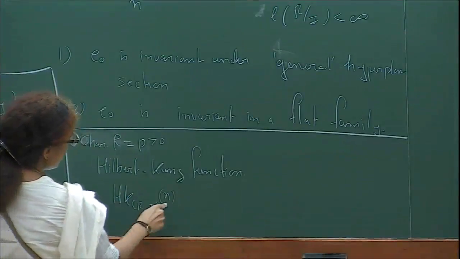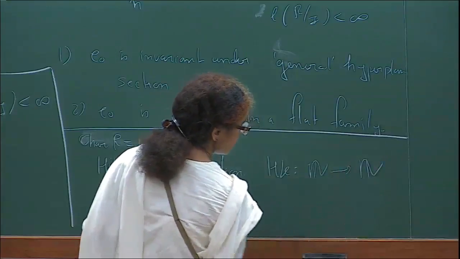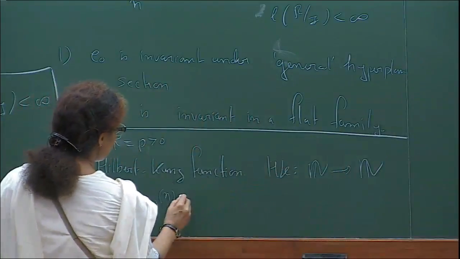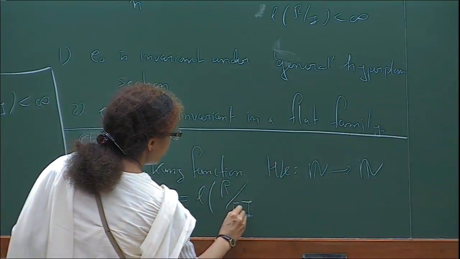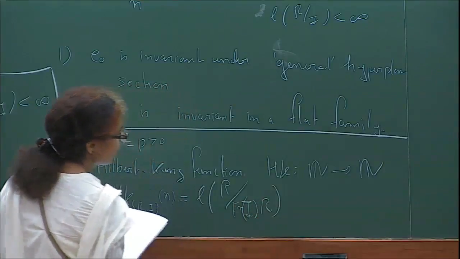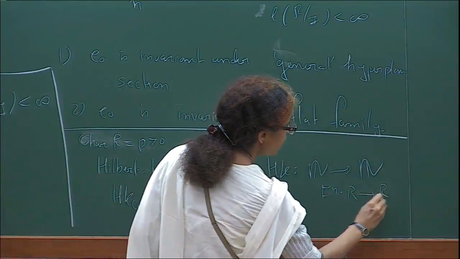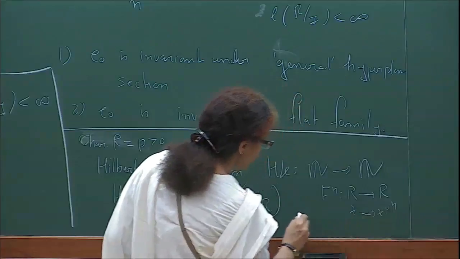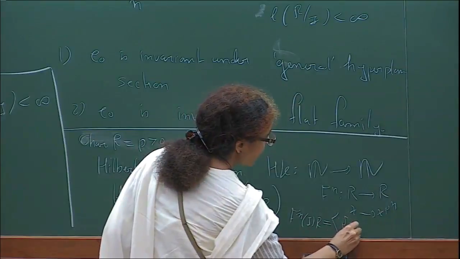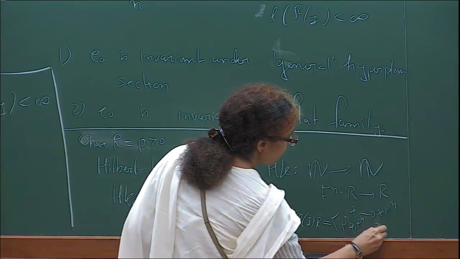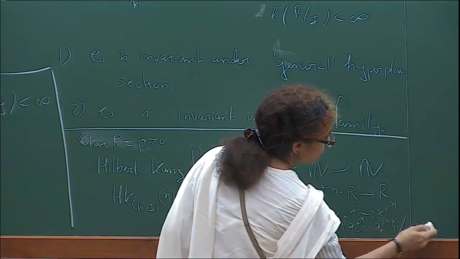It is a function on the nonnegative integers, including 0, given by the length of R modulo the nth Frobenius power of I. What is the nth Frobenius here? Take the map from R to R, x goes to x to the power p^n. The nth Frobenius power of the ideal is generated by x_1 to the power p^n, ..., x_s to the power p^n, where the x_i are generators of I.